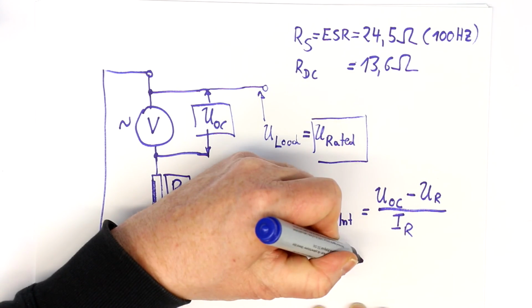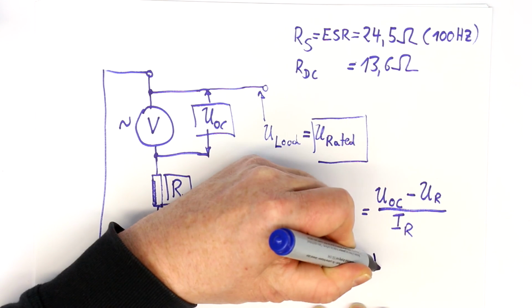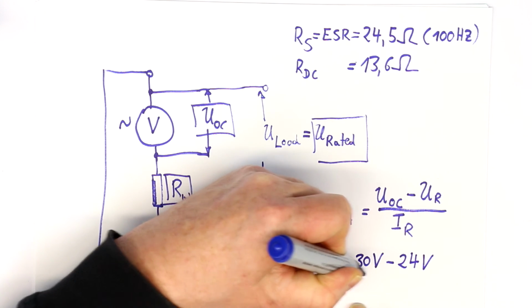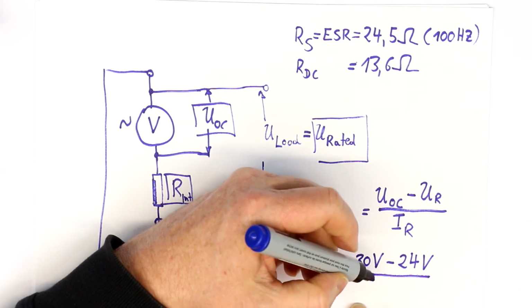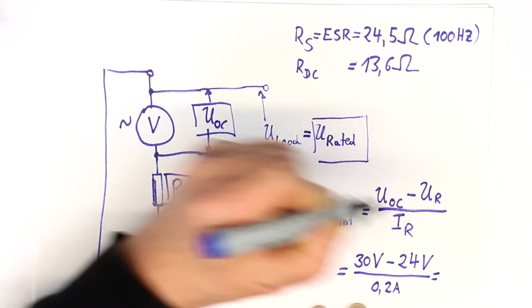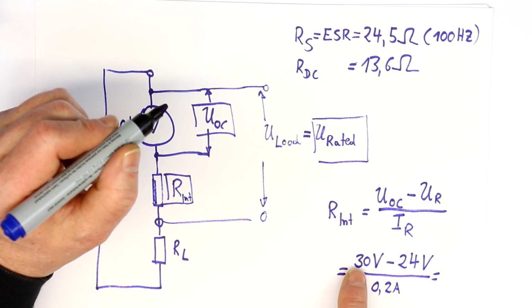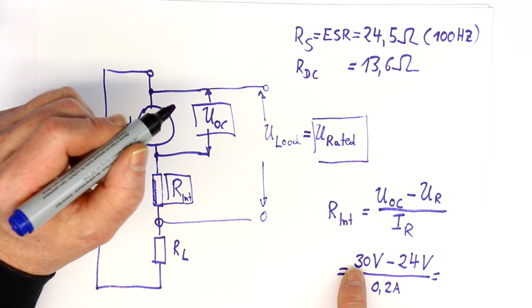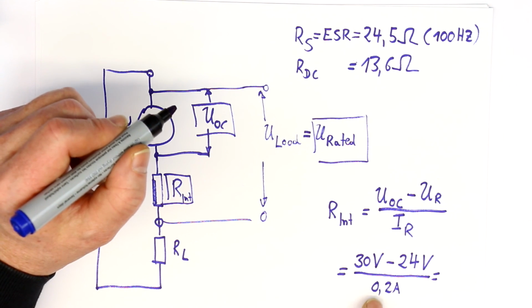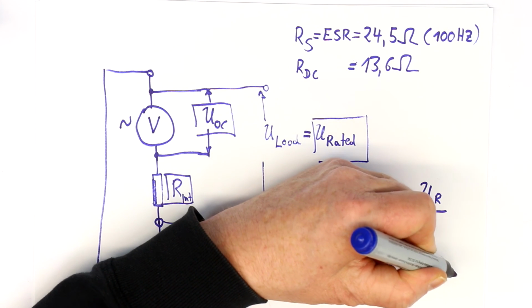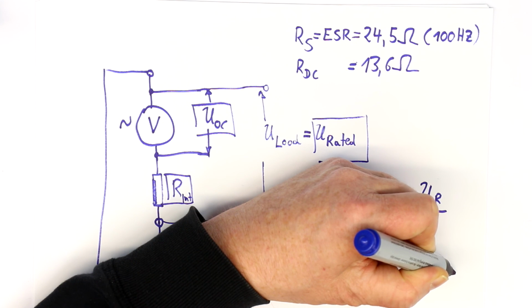In our case the open circuit voltage is 30 volts, the rated voltage is 24 volts, and the rated current is 0.2 amps, and we don't even need a calculator. We can do the math in our head. 6 volts divided by 0.2 gives us 15 ohms.